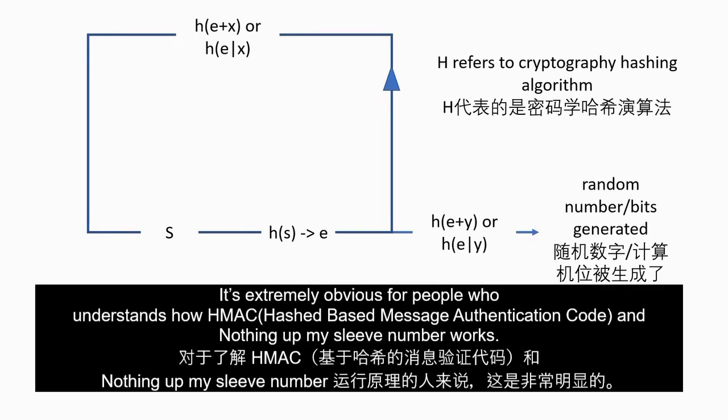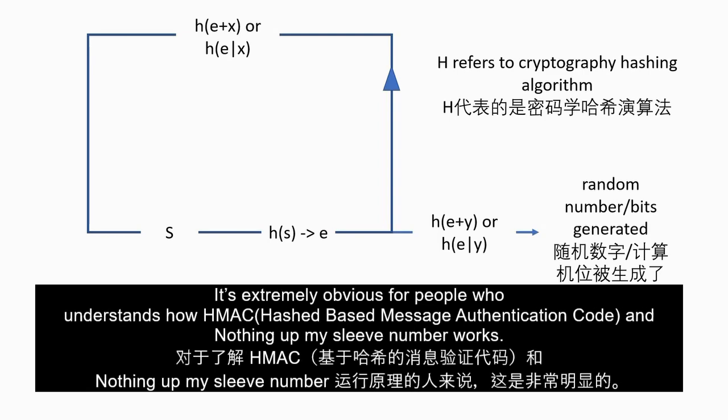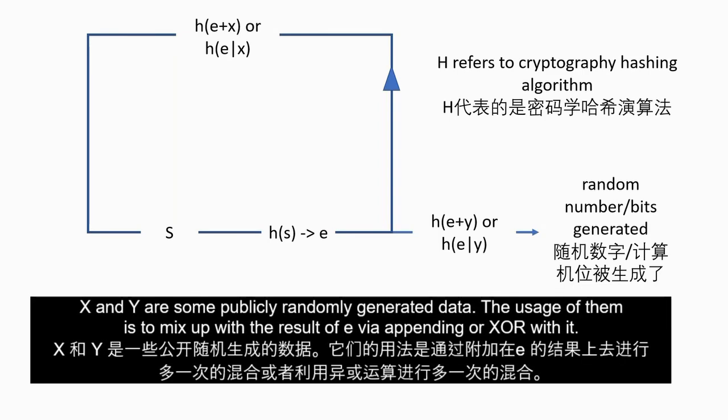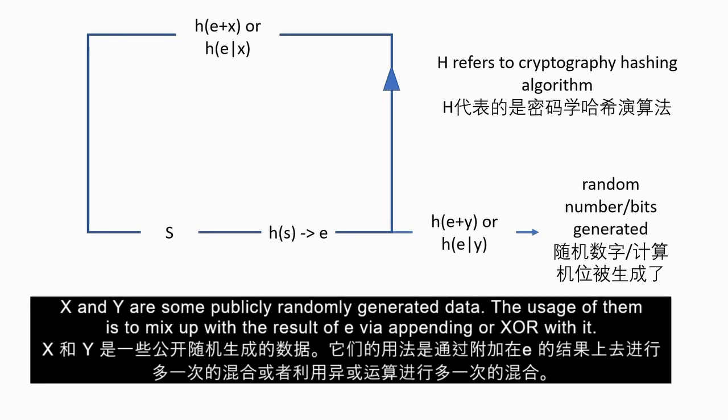It is extremely obvious for people who understand how HMAC, hash-based message authentication code, and nothing-up-my-sleeve numbers work. X and Y are some publicly, randomly generated data. The usage of them is to mix with the result of E, via appending or XOR with it.